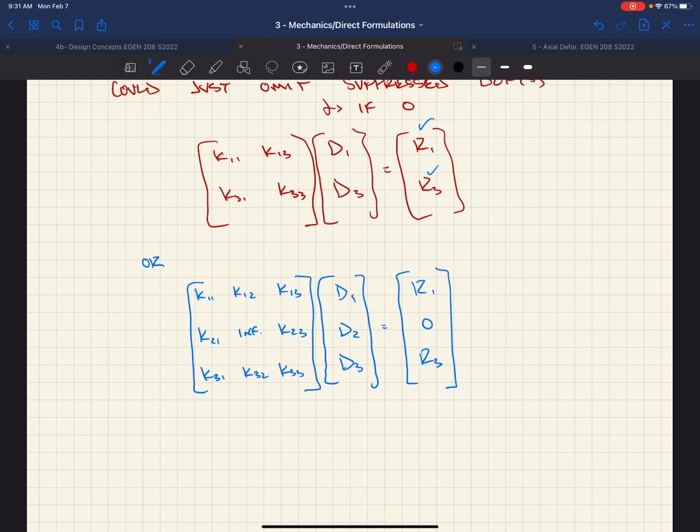Because then it gives you the displacements, which pumps out this as 0. And then you pump this back into the original one that's unmanipulated, and then you're going to get a value. So you could put anything there. Okay. Thank you.